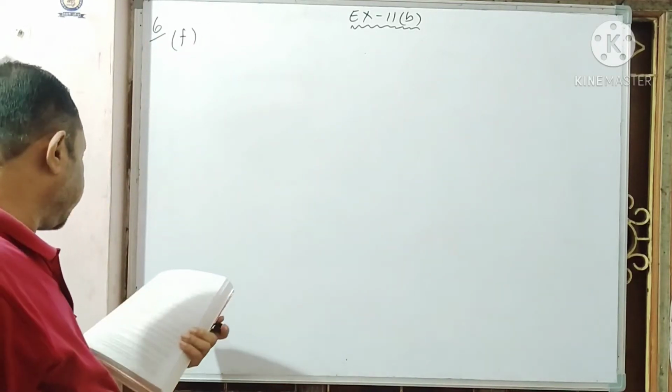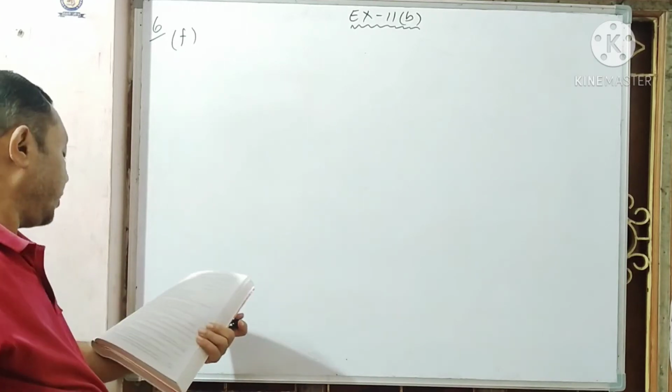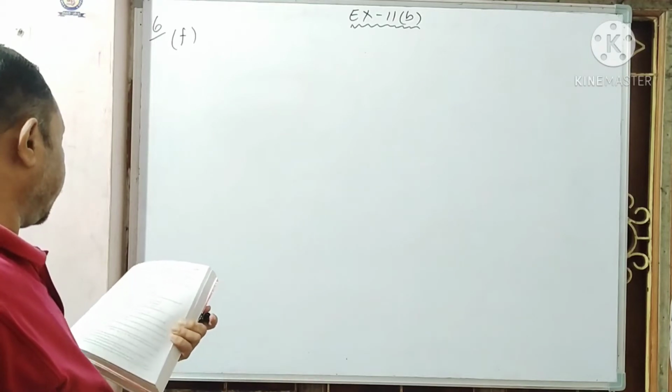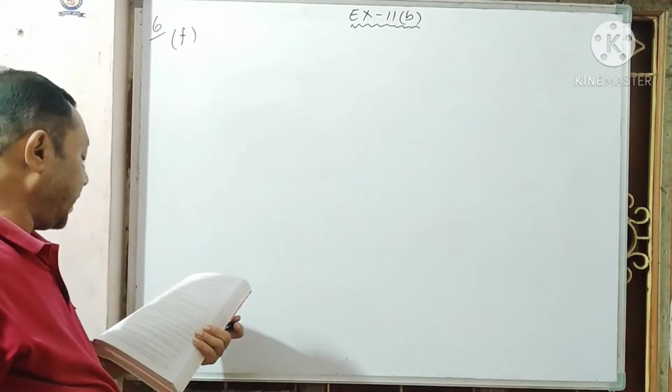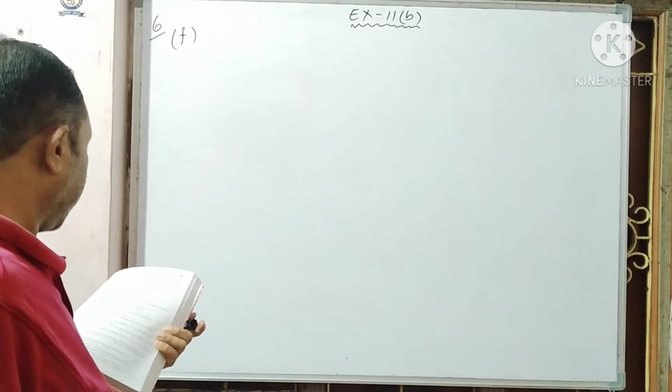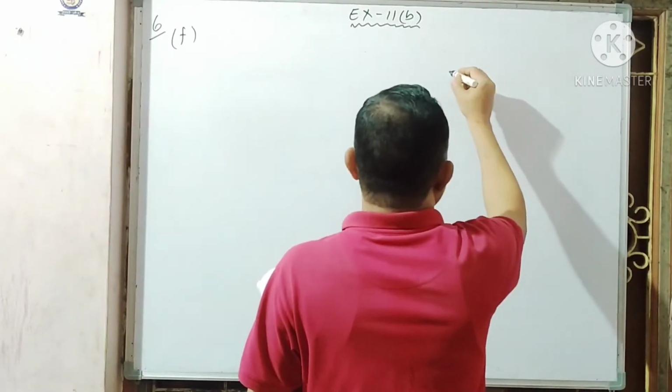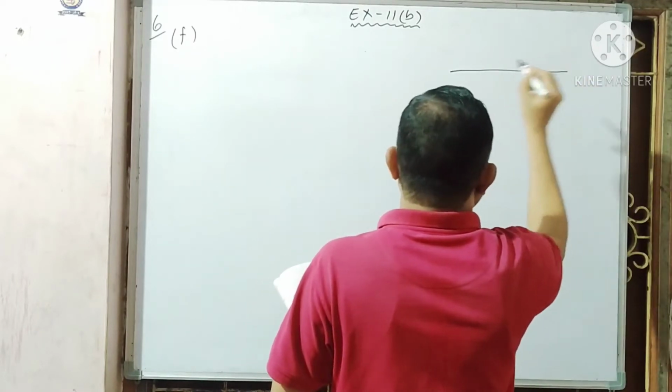And you see the 6th bit, the question is: find the equation of the straight line bisecting the line segment joining 3, minus 4 and 1, 2 at right angles. 2 points are given.